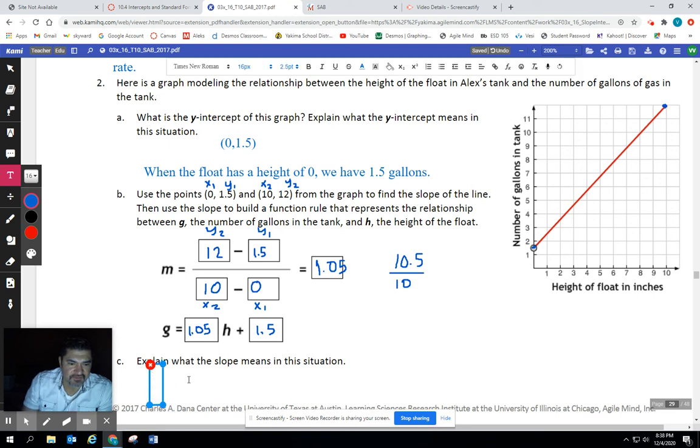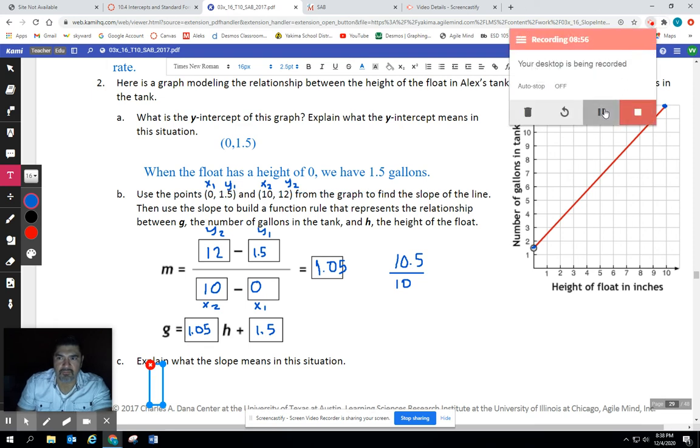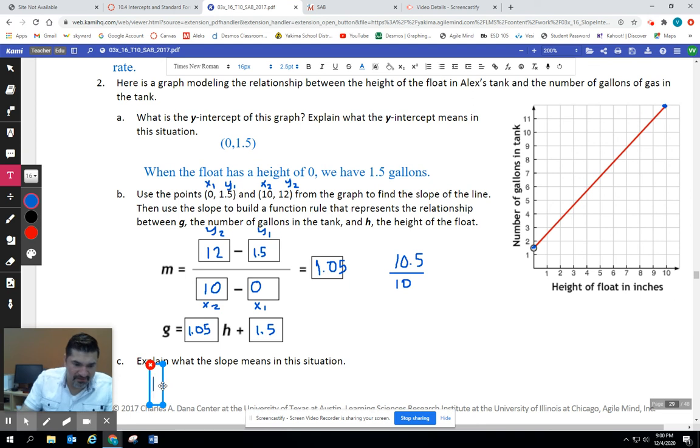So we're going to say that for every 1.05 gallons, so what that means is for every inch that it moves, it goes up 1.05. Or there's 1.05 gallons. Okay, so I'm going to go ahead and type that out.